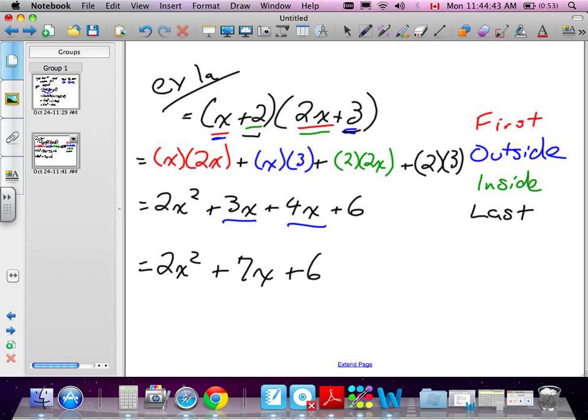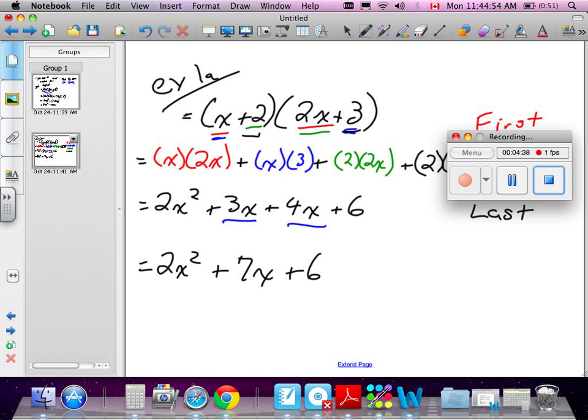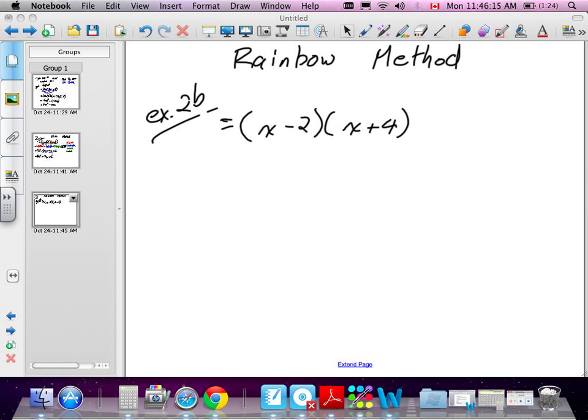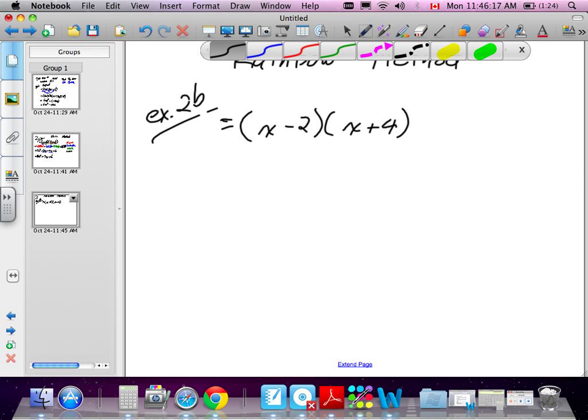Okay? So I've multiplied all of the terms there using first, outside, inside, and last terms. I've expanded and simplified. So we've done the FOIL method. And remember, the FOIL method refers to multiplying first terms, then outside terms, then the inside terms, and then the last terms, so that every term is used twice.